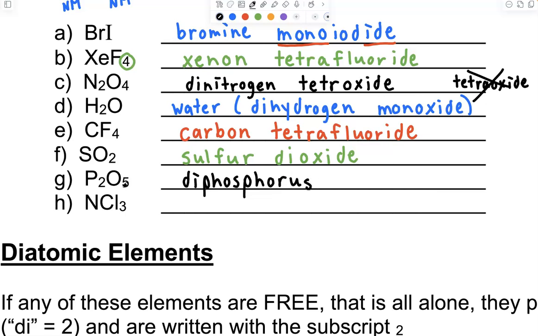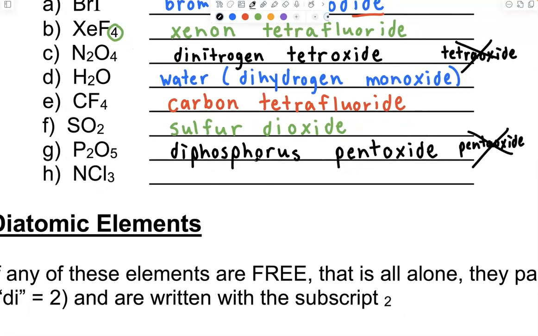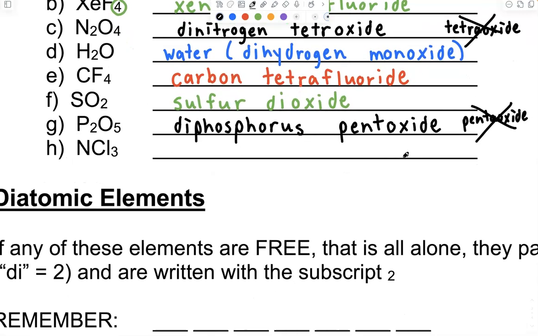Diphosphorus. There are 5 oxygen. So we actually write this as pentoxide. You might think this would be pentaoxide, but just by having that A and that O, it's just not the naming convention for oxygen. So oxygen's that one exception. Then we say this is diphosphorus pentoxide.